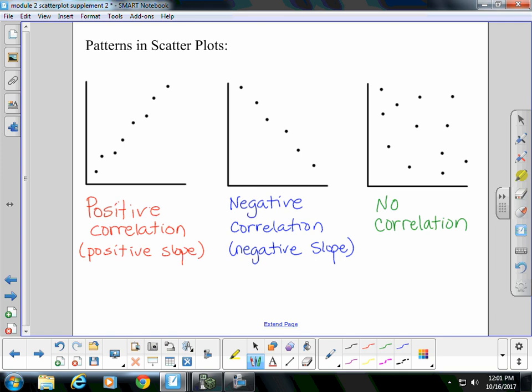Throughout the next several lessons as we look at scatter plots, we're going to be looking for the ones that look like they form close to a straight line, and we'll be looking specifically for their equations.